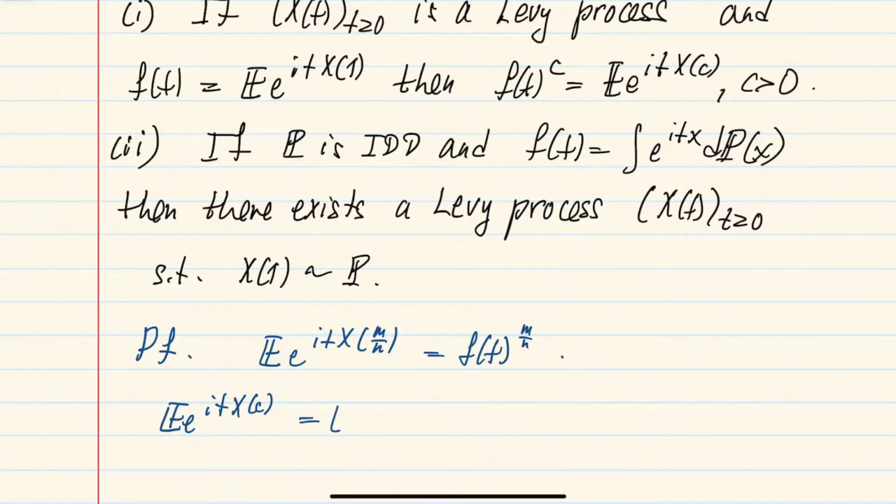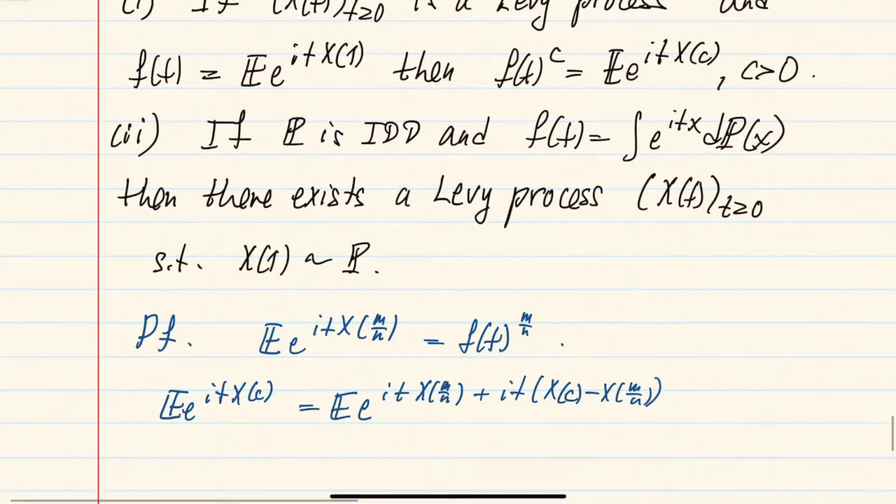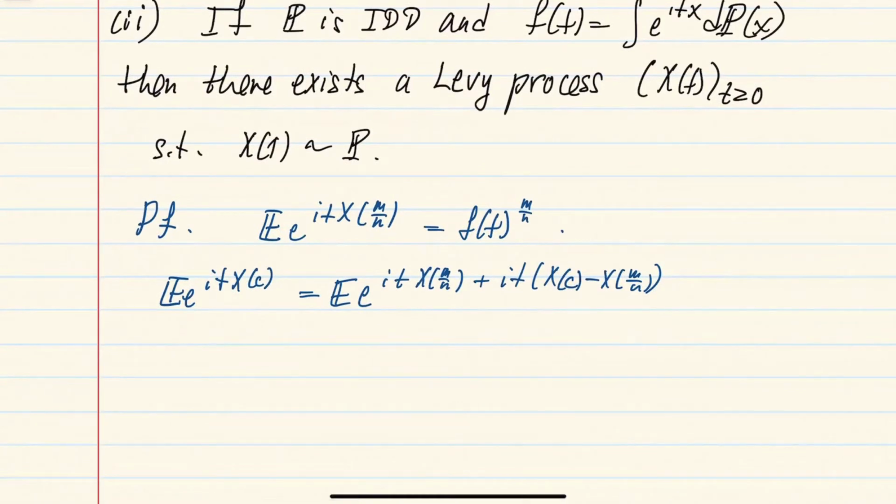So let's say if we take a rational time from below, so X at m over n, and then add the increment X of c minus X at m over n. Right, by independence of the increments we can write this as a product, and the first factor here will be, by what we said, of the form that we want, and then the second factor by stationarity of the increments can be written for the process X at time c minus m over n.